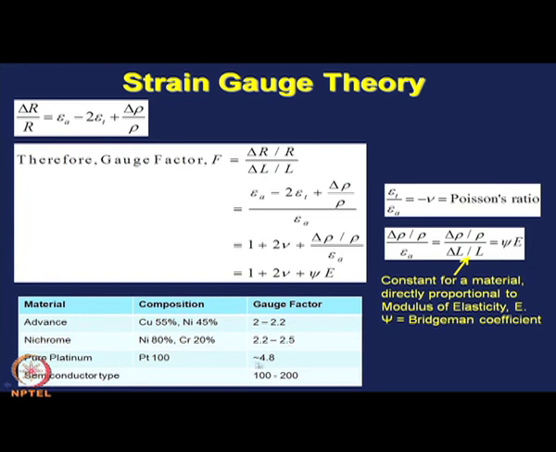Pure platinum has a higher gauge factor, about 4.8. Semiconductor materials are also used for construction of strain gauges, and semiconductor type strain gauges have extremely high gauge factor of the order of 100 to 200.